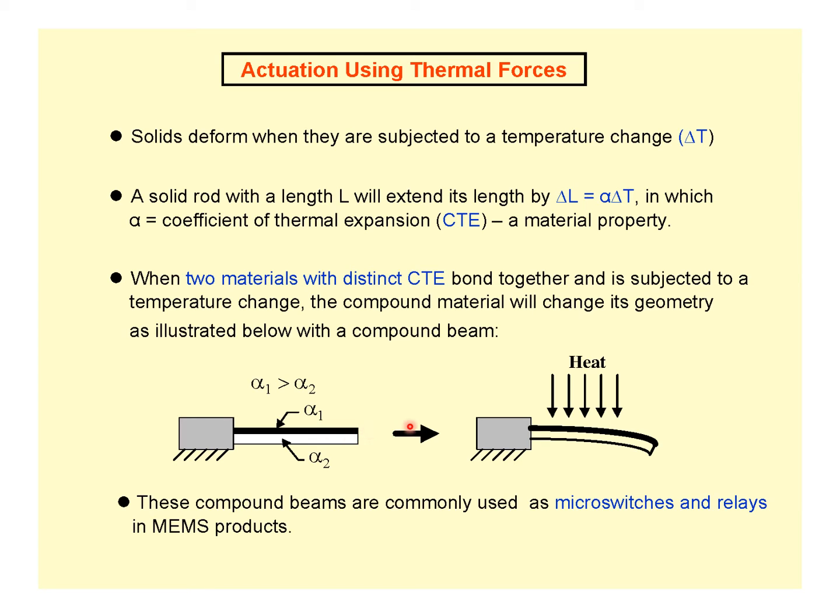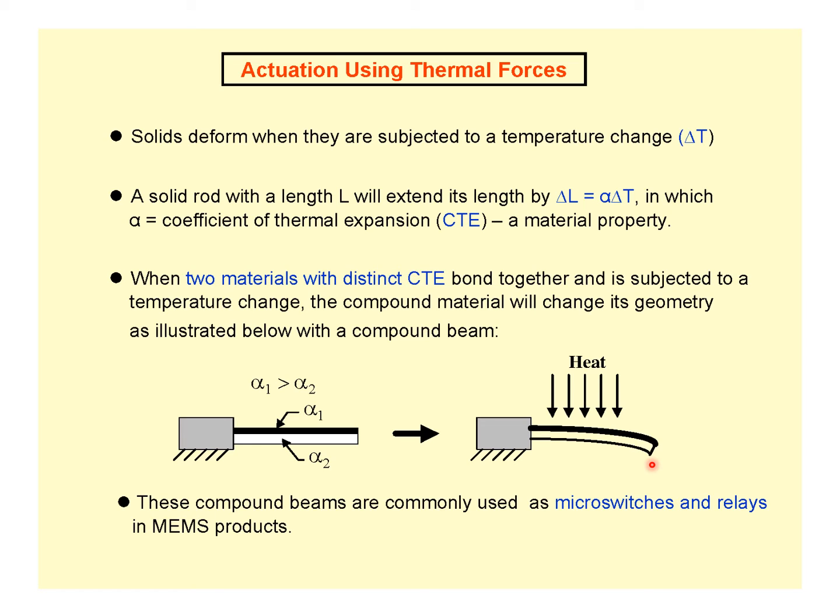When it elongates more, it pulls the bottom layer down. So when the heat is applied, it elongates more, and when it elongates more, it pulls down. So this can be used as a release. When you apply the heat, it can bend down. It can act as an open.